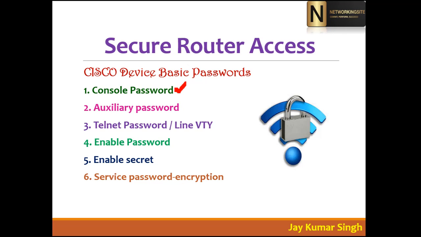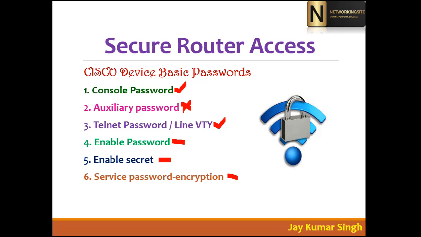But nowadays we are not using this auxiliary line to connect and configure remote routers. Yes, we do telnet nowadays, we do SSH, okay. And we also use these passwords, and we will be using them one by one.